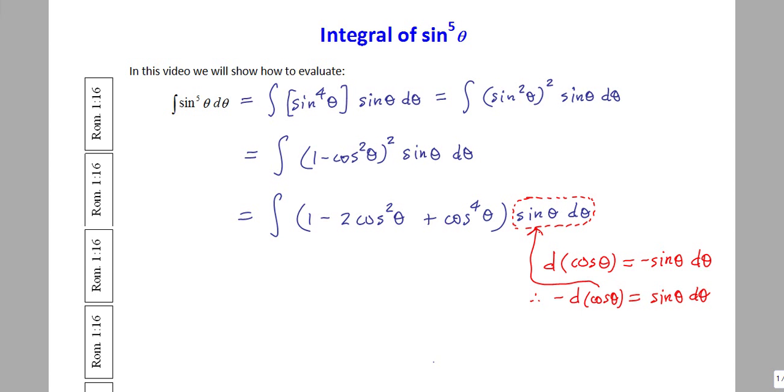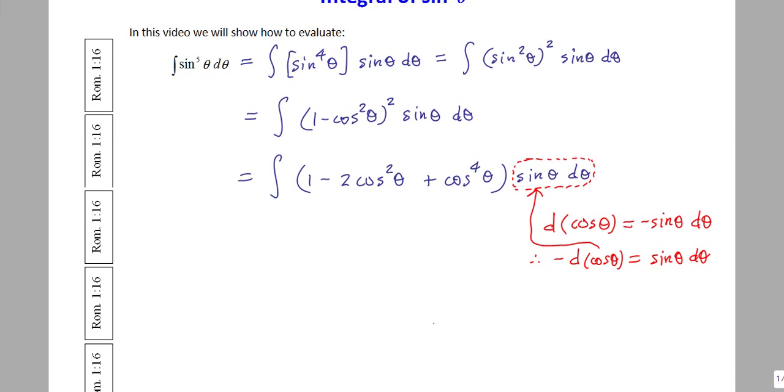Right, so if I bring that into bear, now we've changed our integral from, with respect to d theta, to d of cos theta. So I've got the integral, and again, that's perfect because look, everything in the parentheses is in terms of cos of theta. So 1 minus 2, I'll write cos squared as cos theta being squared, plus, instead of cos to the fourth theta, I'll write this as cos theta to the fourth power.